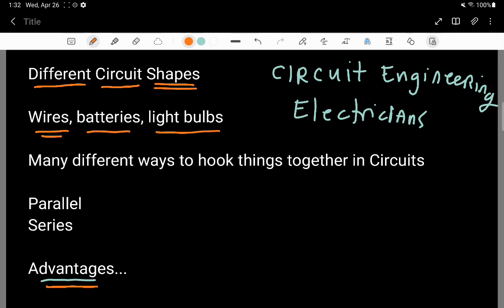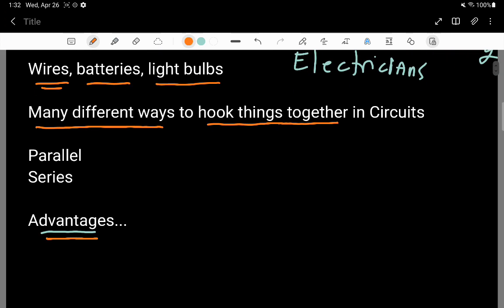Okay, so yeah, the short of it is there are many different ways to hook things together to make various different kinds of circuits. And some of the most basic choices are making 2 things in parallel or making them in series.